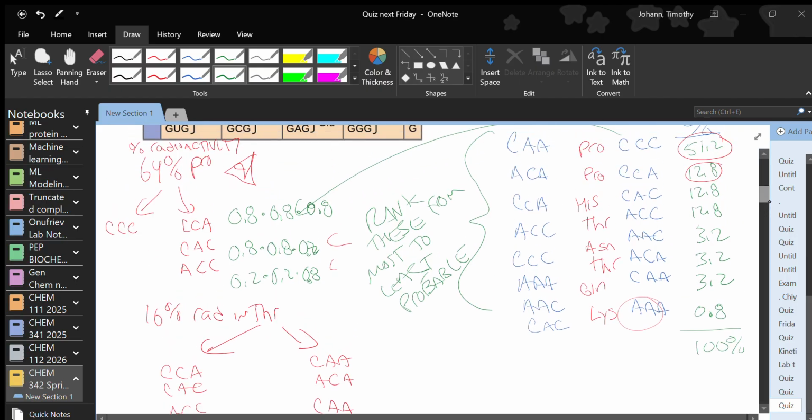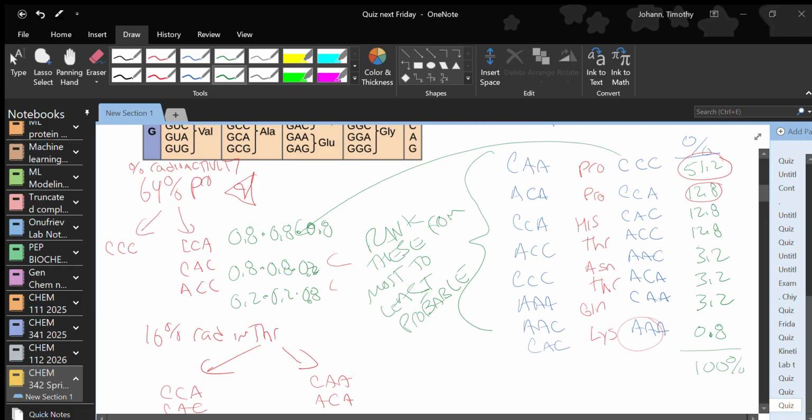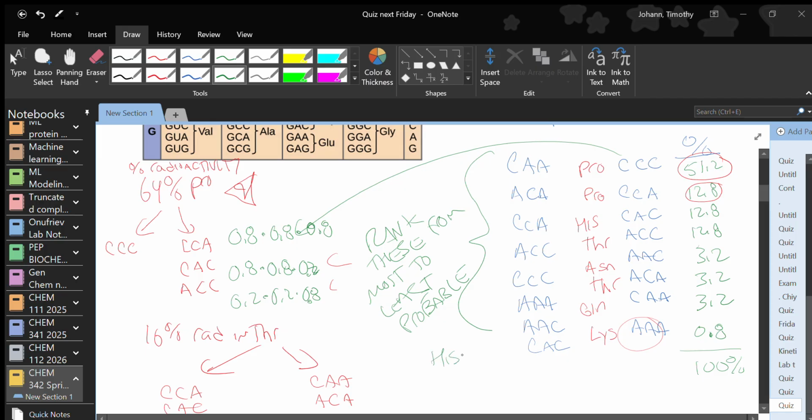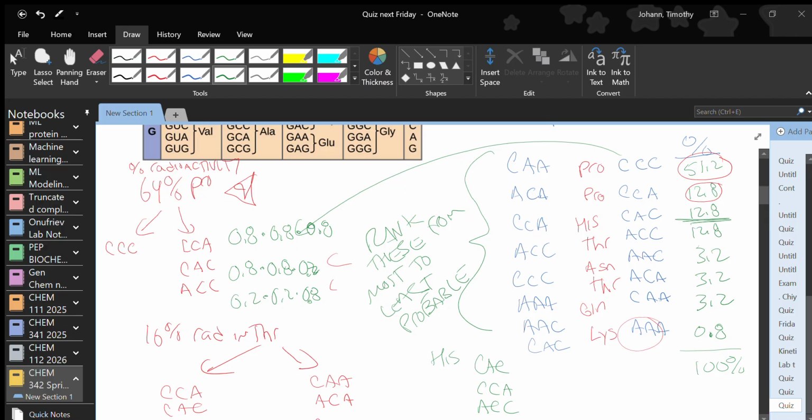But histidine, what were our choices for histidine? Well, actually, we already knew histidine, right? Well, no, we didn't know histidine. We know that histidine is going to be either CAC, or one that has two C's, CCA or ACC, right? Do you see why? I see some puzzled looks. Histidine, all we know from our experiment is that it's 12.8%.